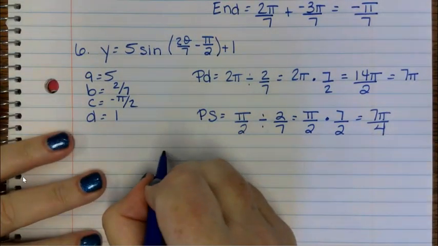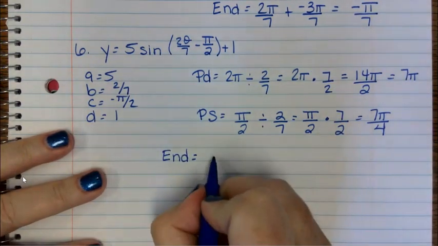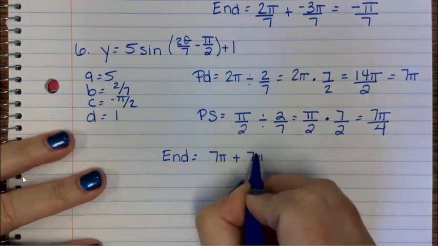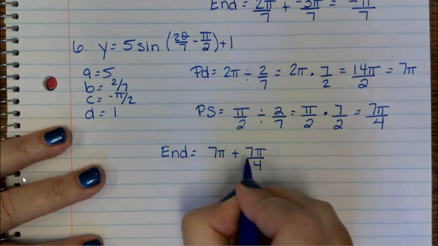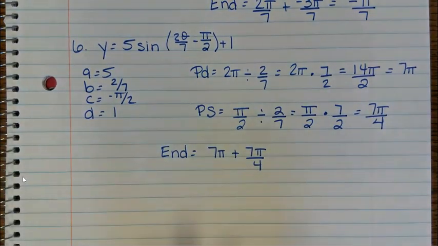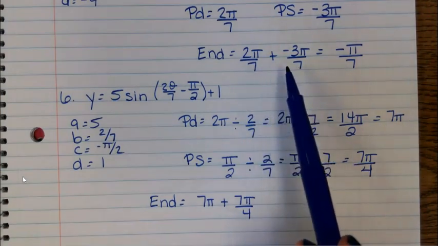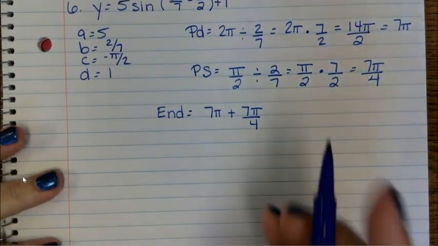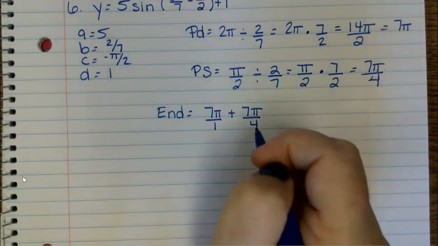Now we've got to find end. Period plus phase shift. Now, please remember, when we add fractions, we need to have a common denominator. So why we didn't worry about it up here is notice we had those common denominators. We really got spoiled with that question. So down here, I want to put 1 under the 7 so we have a fraction. So my common denominator is going to be 4.